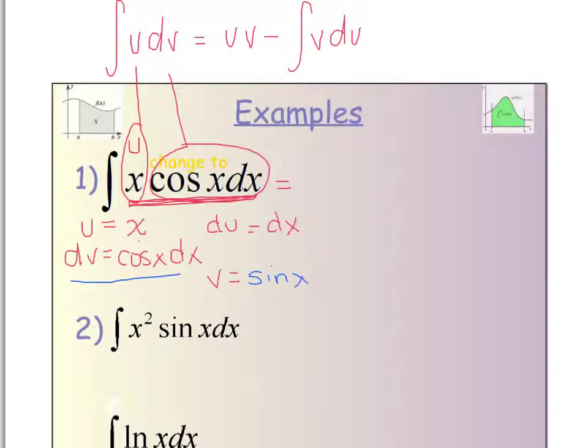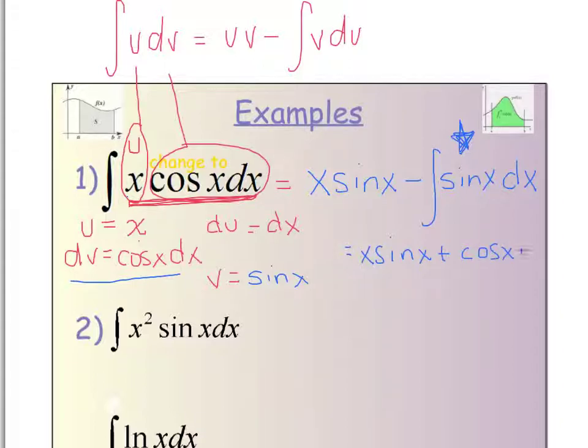So this integral of x cosine of x dx becomes uv, which is x sine of x, minus the integral of sine of x, which is v du. And notice, this is far, far easier to integrate than was x cosine x, our initial product. So this is equal to x sine x plus the cosine of x plus c.